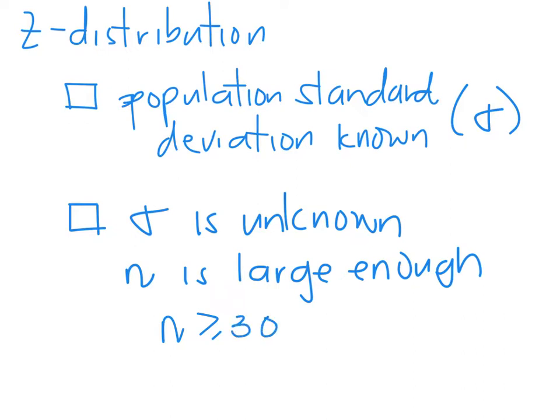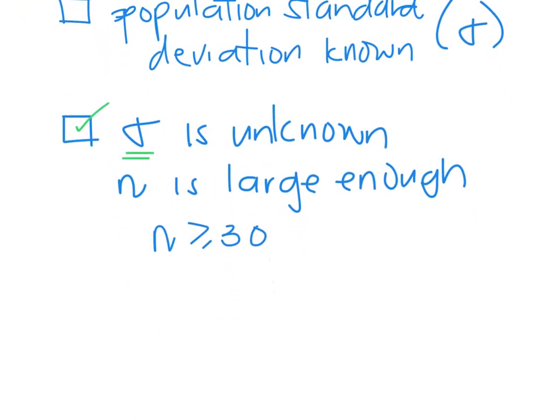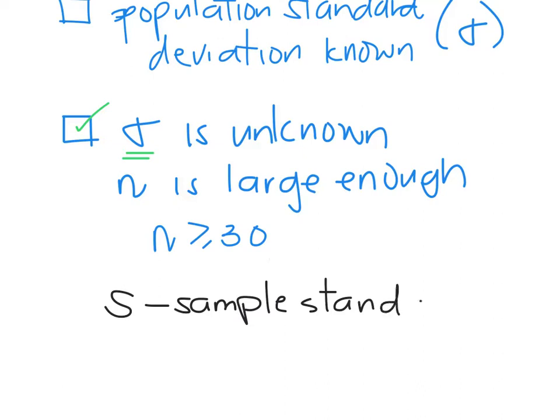Now, in scenario number 2, the sigma is unknown, which means we have to make use of the sample standard deviation S. This is the standard deviation that you can get from the values taken from the sample.